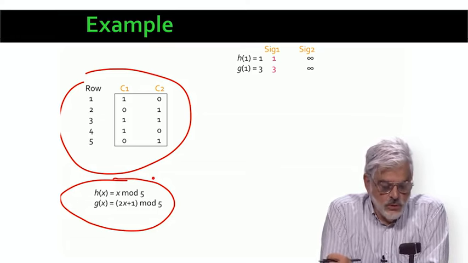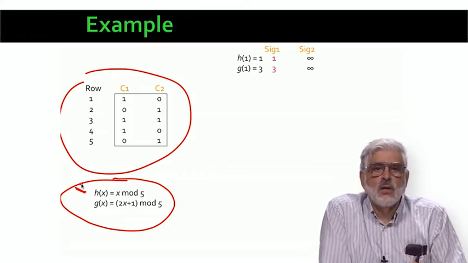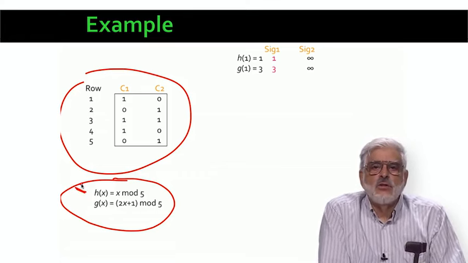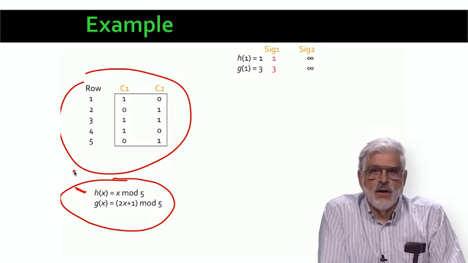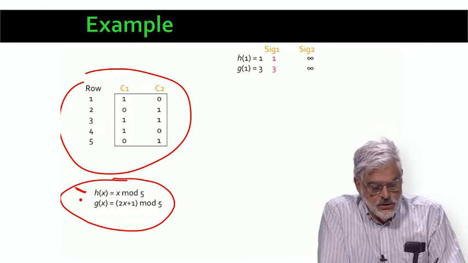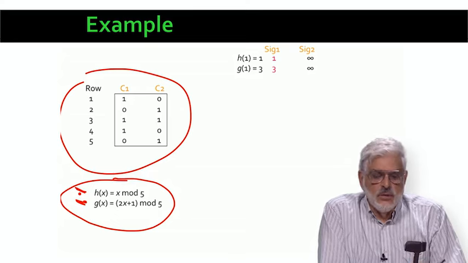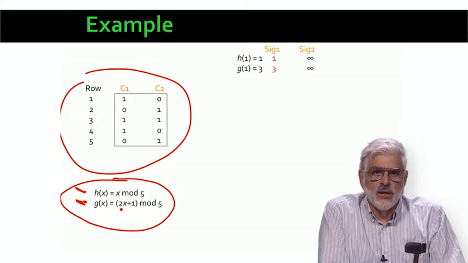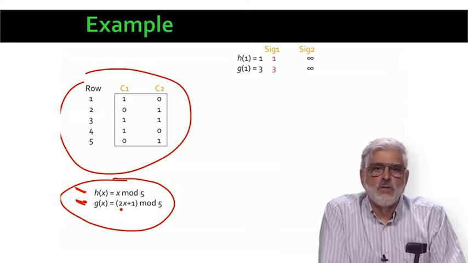The first, which we call h of x, maps any integer x to x modulo 5. That is the remainder when x is divided by 5. The second, g of x, computes 2x plus 1, and again takes that modulo 5, the remainder of 2x plus 1 mod 5.